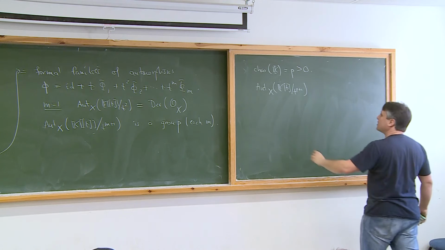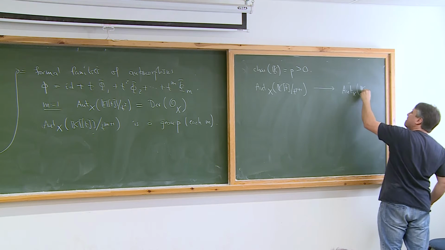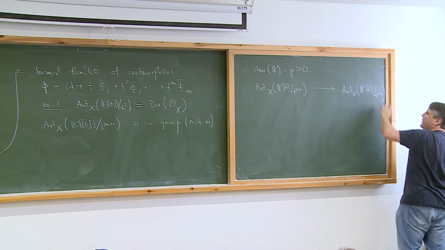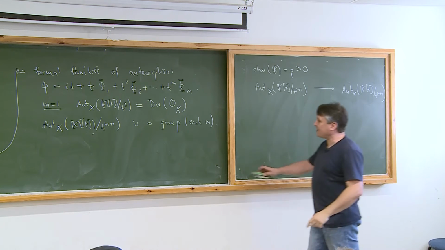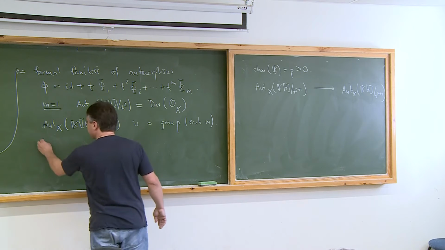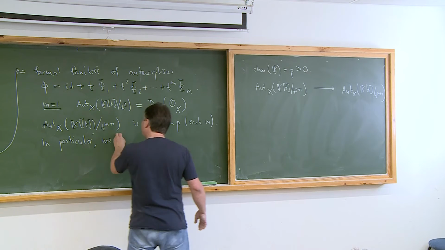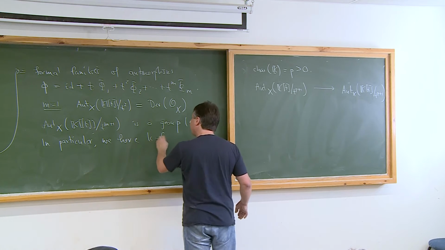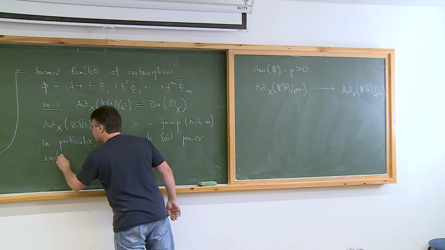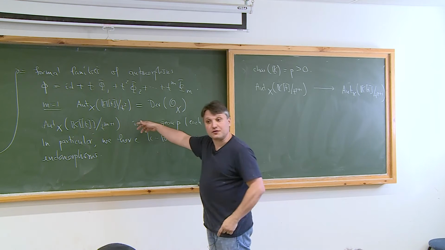So it's the expansion up to order p, and this is a group, so in particular I have iterates, so in particular we have k-fold power endomorphisms.